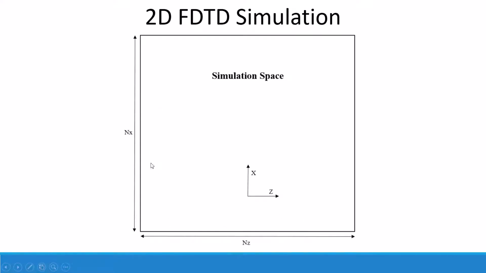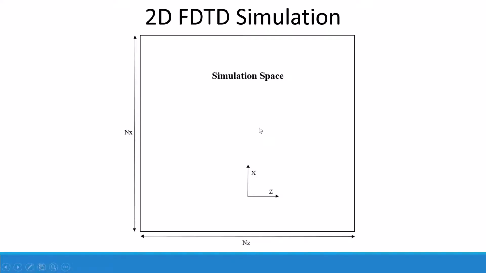In all FDTD simulations, we're going to require some sort of a boundary condition around this space in order for it to function properly. So if we had a source implemented somewhere in here, whatever kind of experiment we have going on, when the waves hit this boundary, we need to be able to tell the simulation what to do. Ideally, we want to treat it as if they just go off to infinity in all directions.